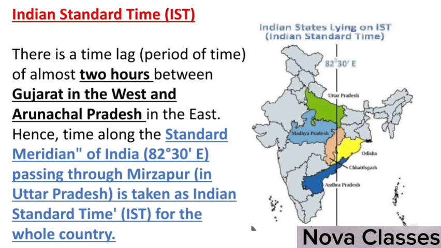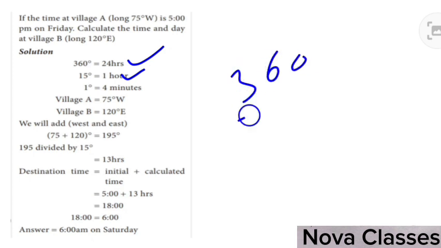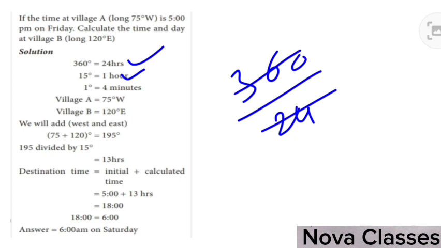Now we can move to the next. Here is one question related to latitudinal and longitudinal extent, and I will tell you how such things can be solved. We all know that 360 degree equals 24 hours. So 1 hour equals how many degrees? We divide 360 by 24, and it comes to 15 degree.